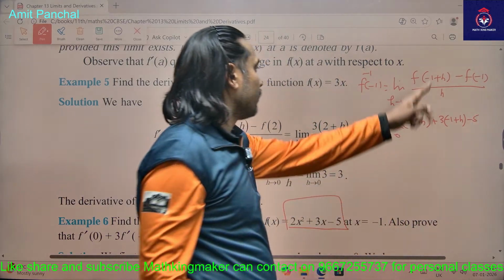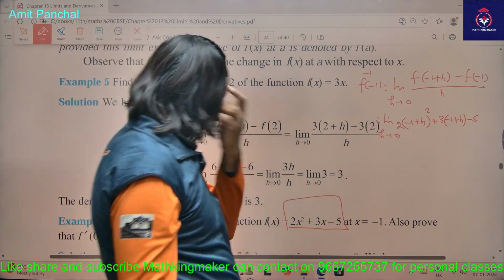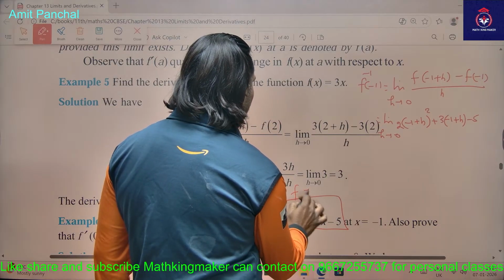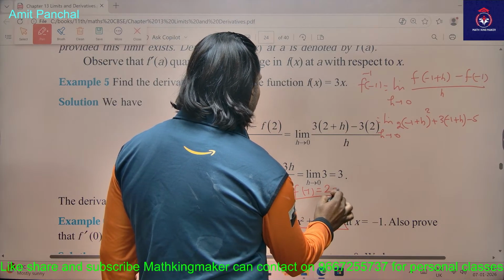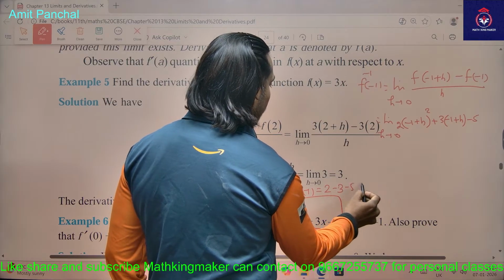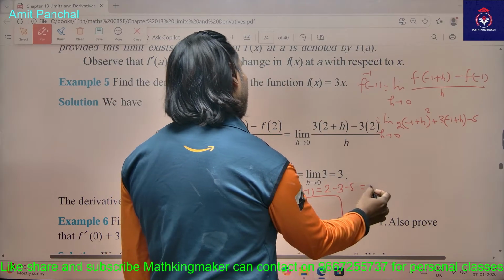And what is the value of f(minus 1)? f(minus 1) will be 2 minus 3 minus 5, so it will be minus 6.